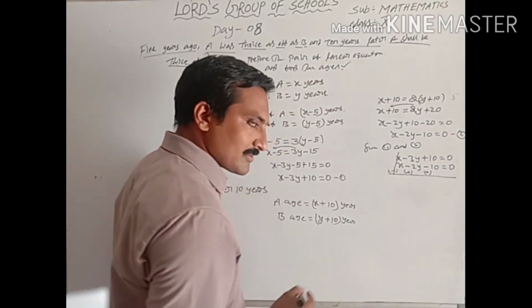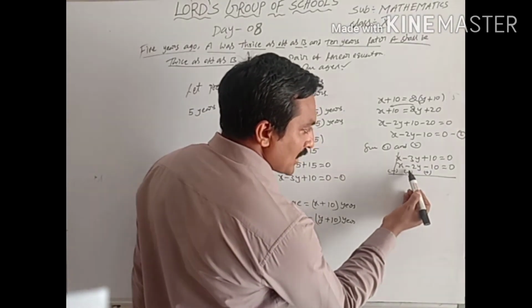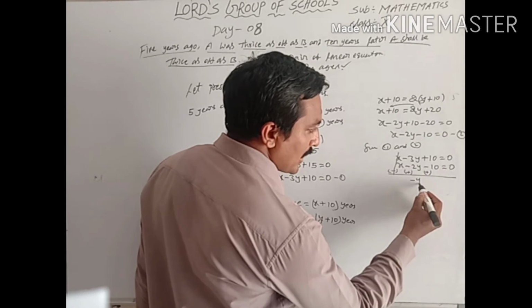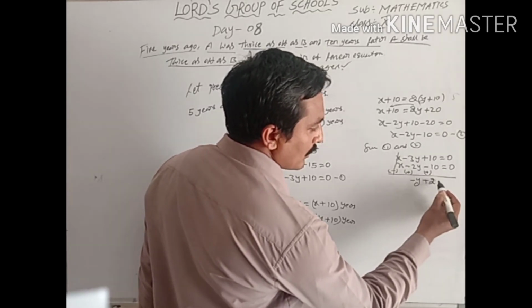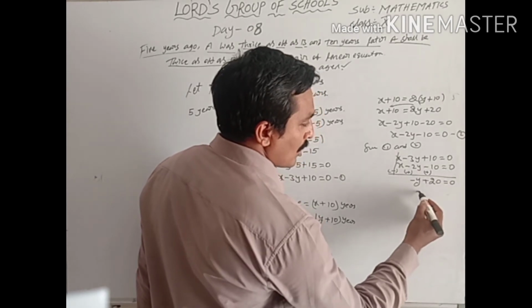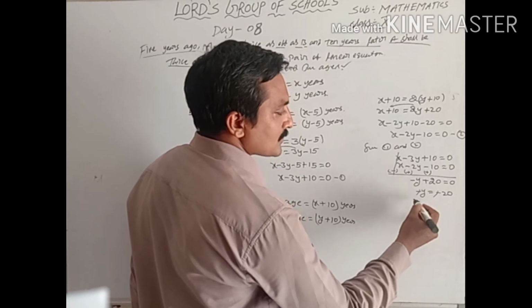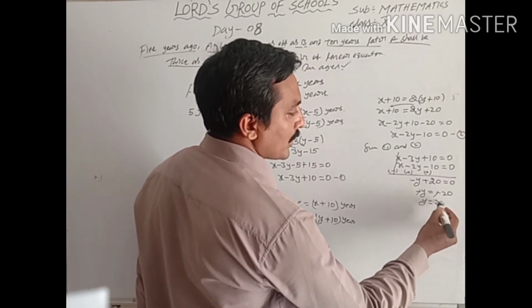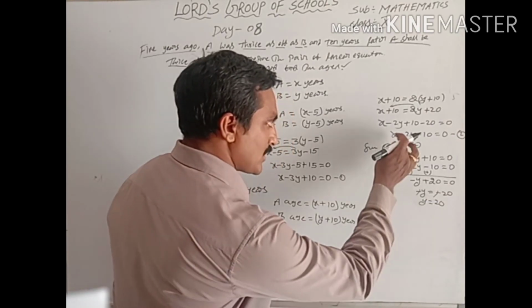Plus x minus x will be cancelled. Minus 3y plus 2y is minus y, plus 10 plus 10 is 20, equal to 0. Minus y plus 20, transposing to that side, minus 20, minus minus will be cancelled, y is equal to 20. Y is equal to 20. This y value, substitute in equation 2.